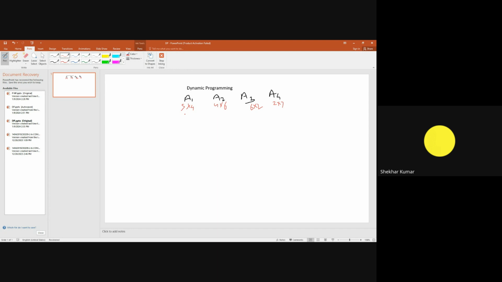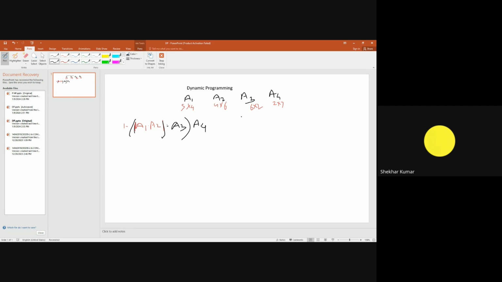Which pair should I select so that the cost would be minimum? One technique may be I can select A1 and A2 the first time, then the resultant will be multiplied with A3. After that, I can multiply with A4. This may be one technique.